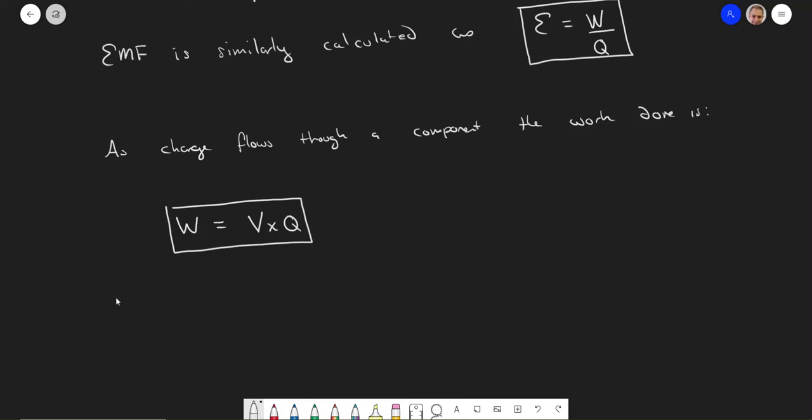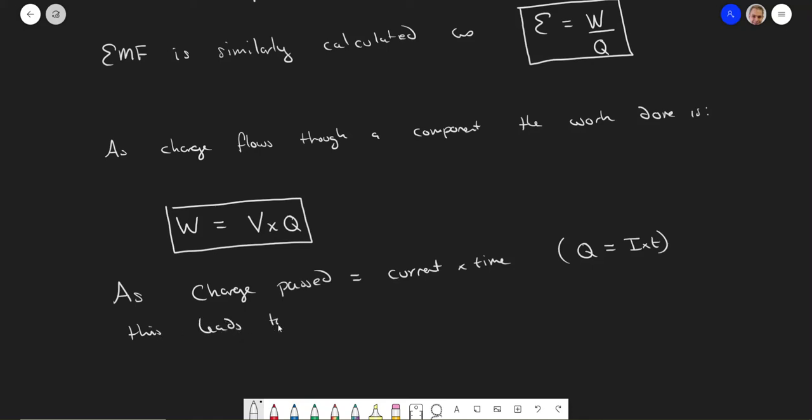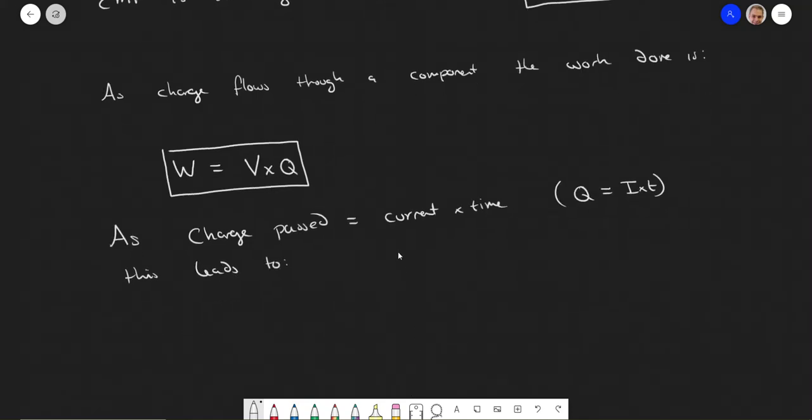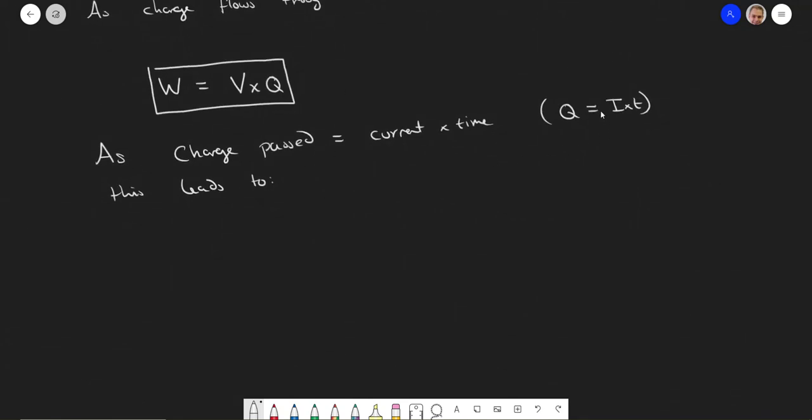And then as charge passed is equal to current times time, we've got Q equals I times T. This gives me the equation you might remember from GCSE. We can put I times T into there, and we get the work done is equal to V times I times T.